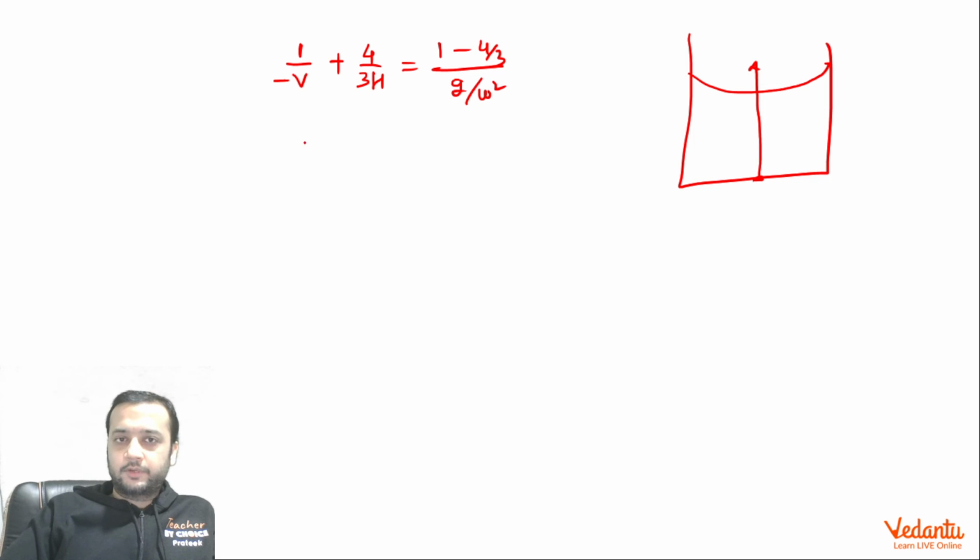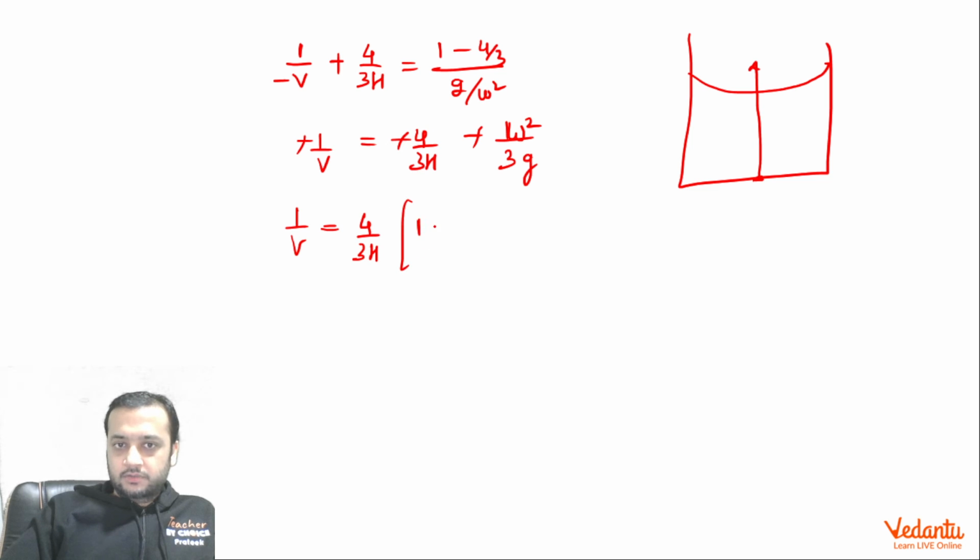So let us see what we are going to get over here. Minus 1 by v is equal to minus 4 by 3h. This will become minus 1 by 3 g omega square. So which becomes 1 by v is equal to, minus will cancel out. If we take 4 by 3h common, just so that we can get the options correctly, this will become 1 and 3 will go outside.